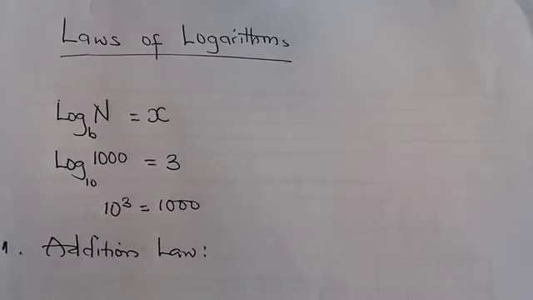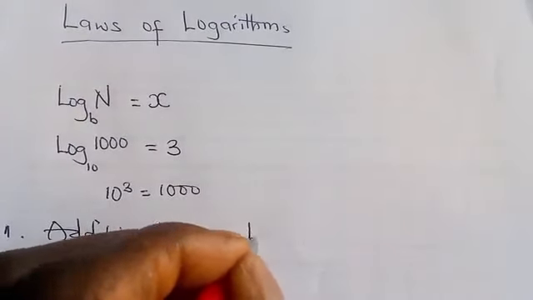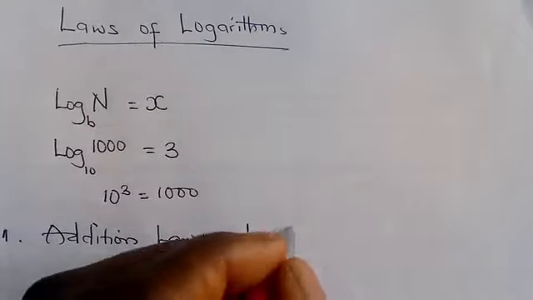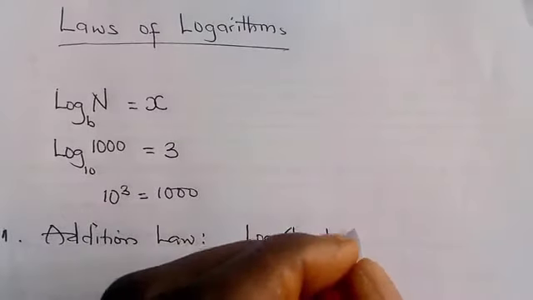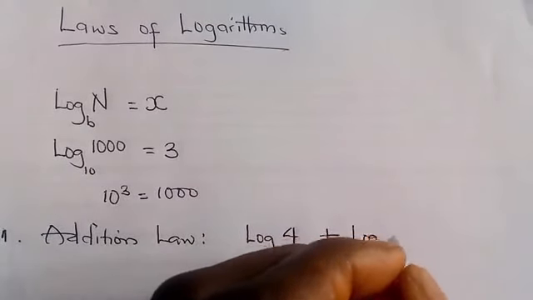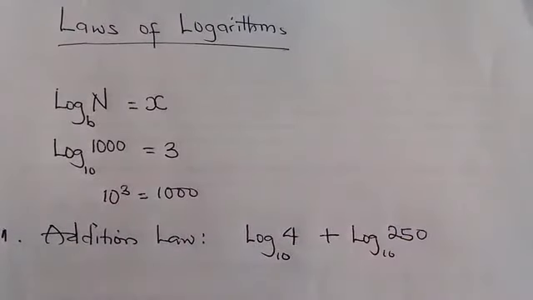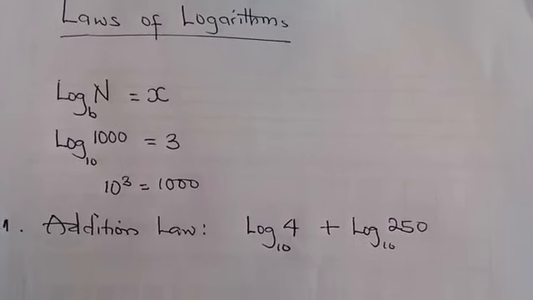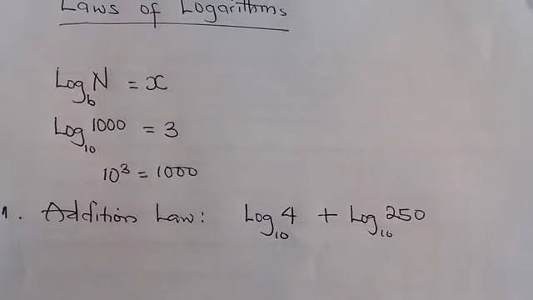That's what the addition law is all about. For instance, if you have log 4 to base 10 added to log 250 to base of 10, what this addition law says is that you should find the product of these numbers to their common base.